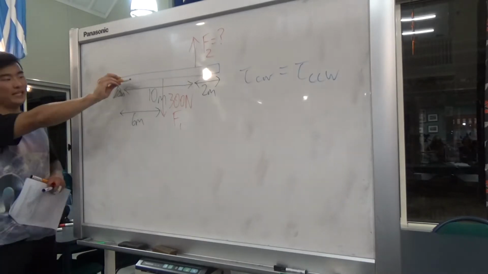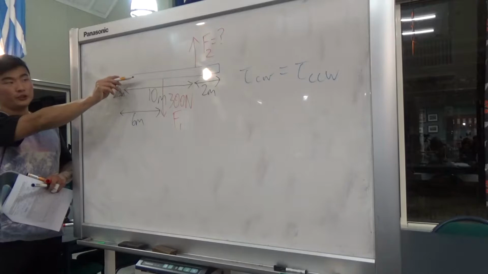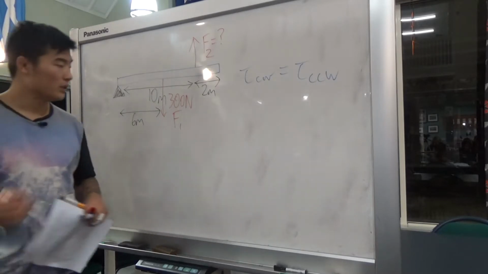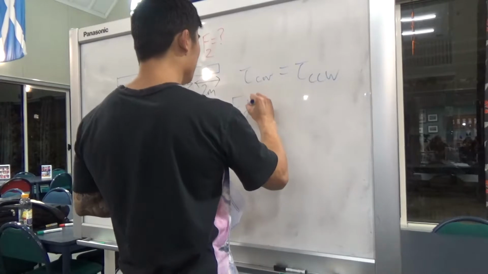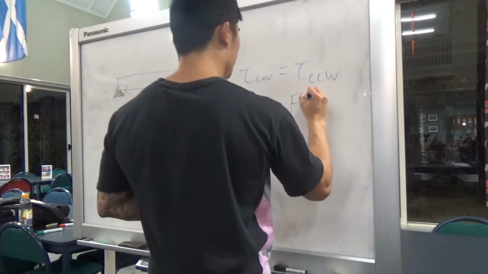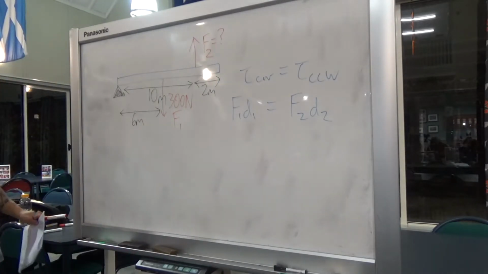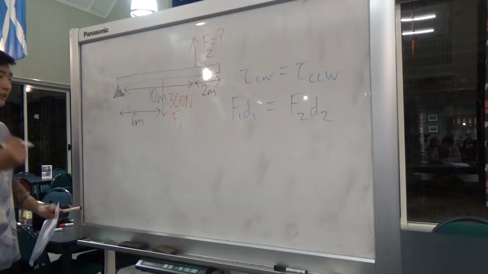So F1 is going to make the plank rotate clockwise, and F2 is going to make the plank rotate counterclockwise, so upwards. So that's F1 D1 is equal to F2 D2, and we want to find out what F2 is going to be, this force here.